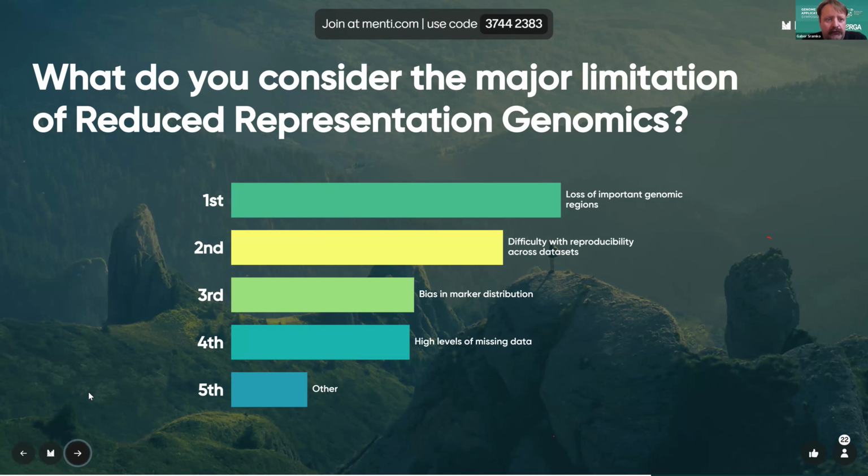Yeah, well, I don't know if it's because a lot of people that don't work on reduced representation genomics did answer as well.